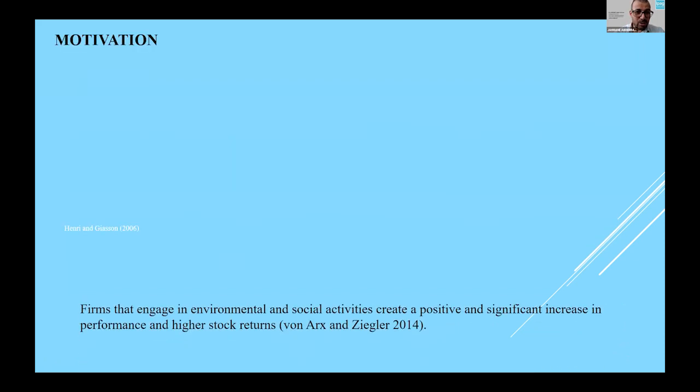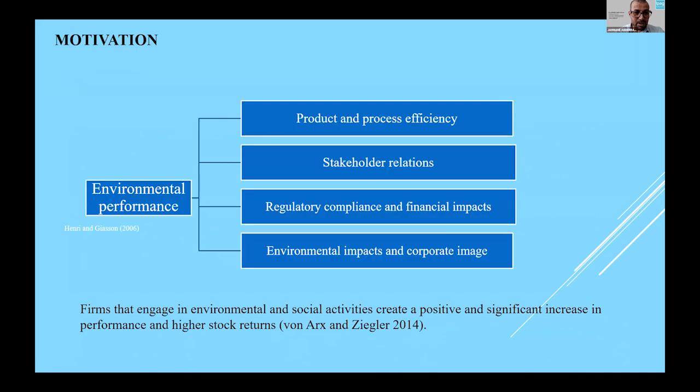Our motivation for this paper is first environmental performance, production and process efficiency, stakeholder relations, regulatory compliance, financial impact, environmental impact, and corporate image. There is the research of Andre and Gisson 2006.